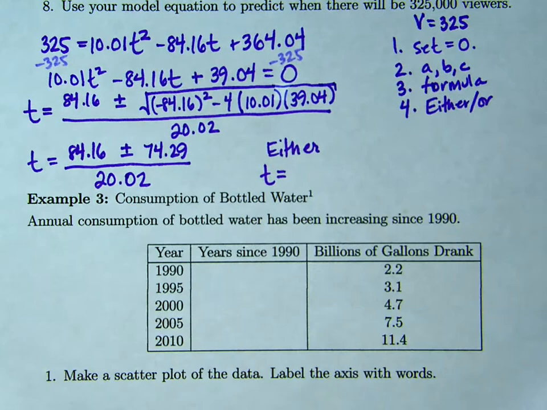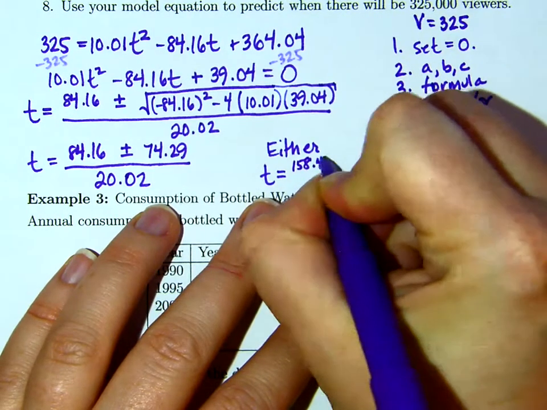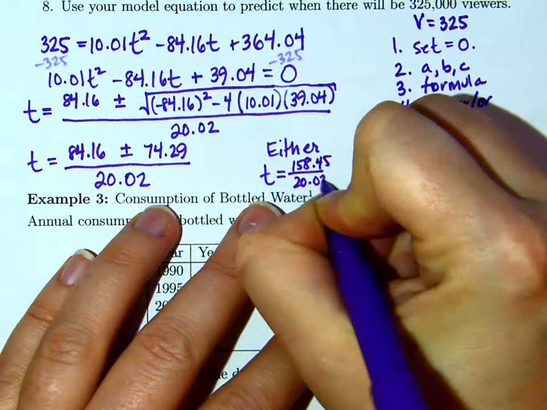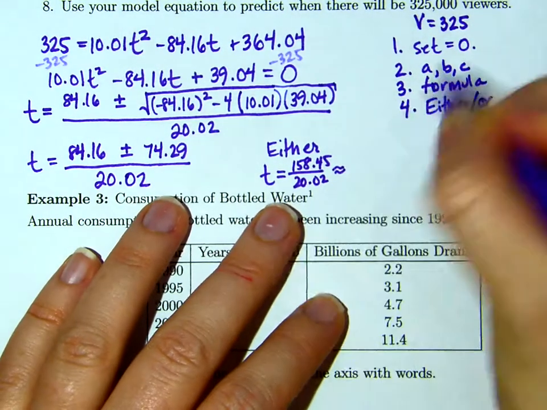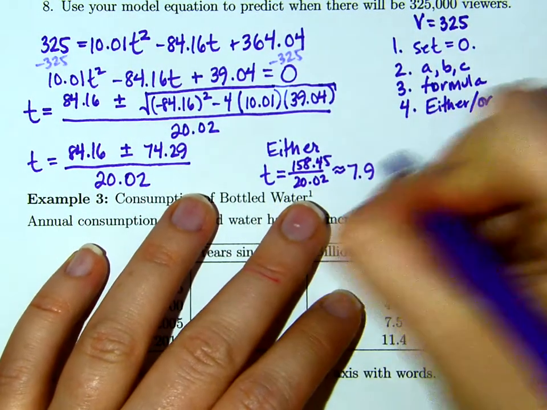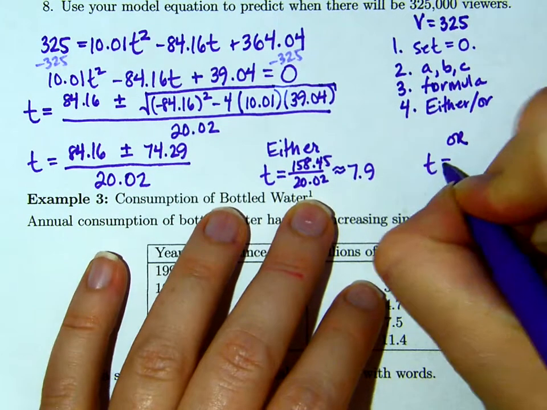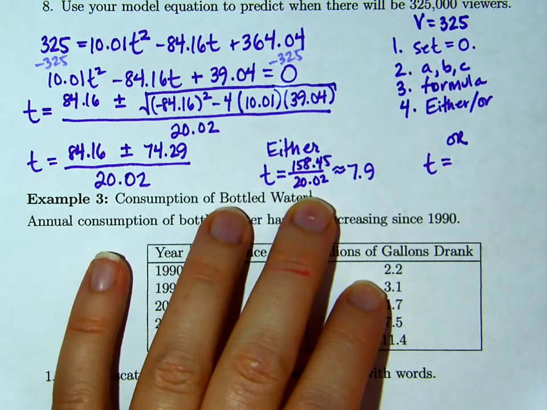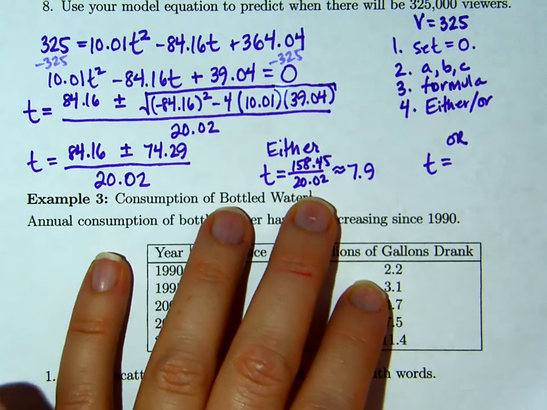So either t equals, okay, 84.16 plus 74.29 is 158.45. So 158.45 divided by 20.02, which is about 7.9. Or t is, okay, we do our subtraction. 84.16 minus 74.29.